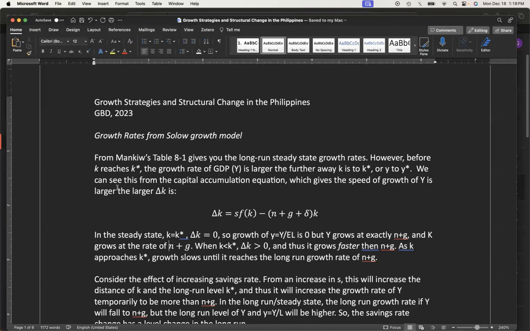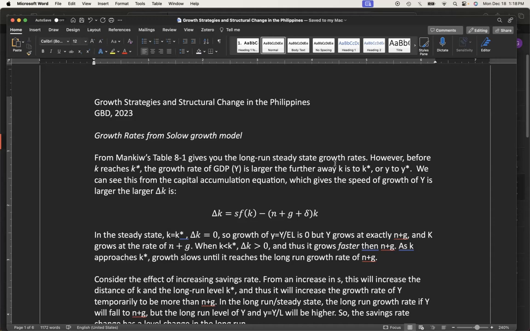Okay, so first, let's talk about the growth rates from the Solow model. So here we have table 8-1, which I recommend you all to review. It is one of the most important tables in chapters 7 and 8, and it gives you the long run steady state growth. There's a focus really in 7 and 8 on the long run steady state: K star and Y star, the long run capital per effective labor.